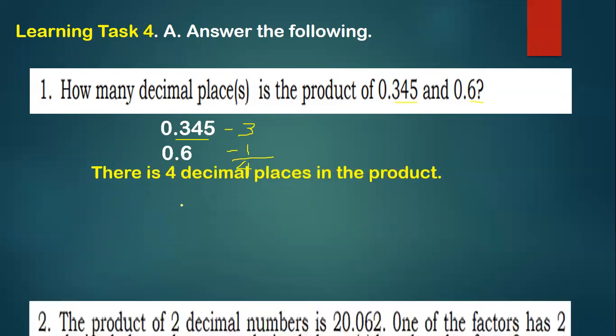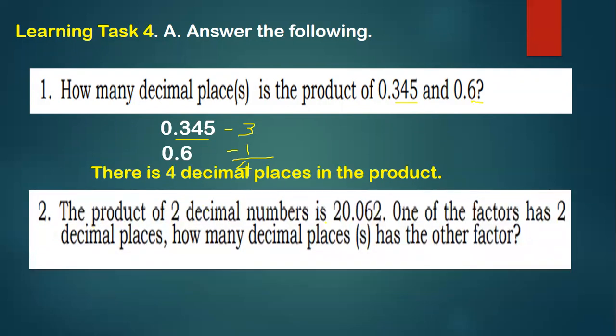Okay? So, the answer is, there are 4 decimal places in the product. Number 2. The product of 2 decimal numbers is 20 and 62 thousandths. One of the factors has 2 decimal places. How many decimal places has the other factor? Kung makikita ninyo, ang product daw ng dalawang decimal number ay 20.062. Ang isang factor ay merong dalawang decimal places. Ilang decimal places kaya ang meron sa isang factor pa?